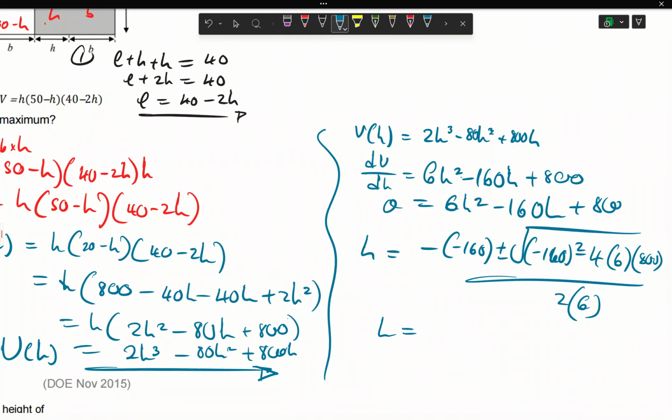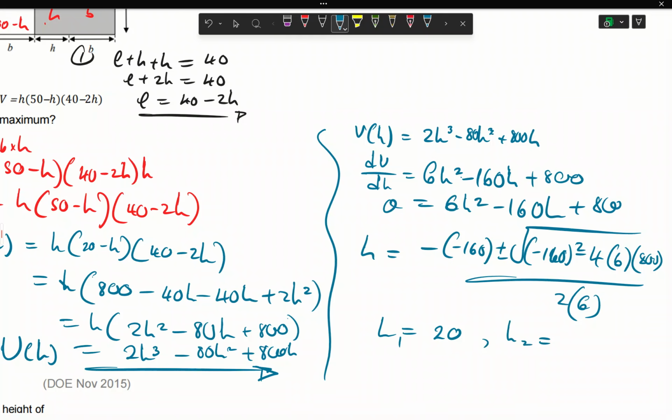Plus the square root of negative 160 squared minus 4 into 6 into 800, all over 2 into 6. So the answer that I got is 20. h1 is 20. Now let's take a look at h2.